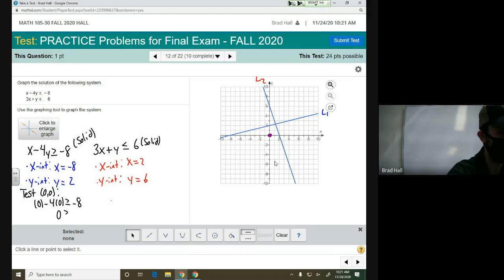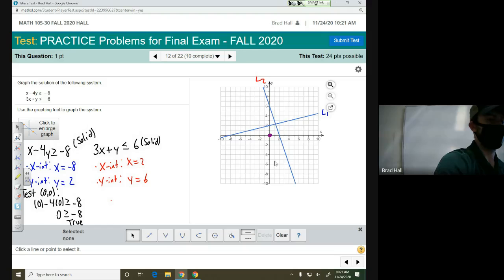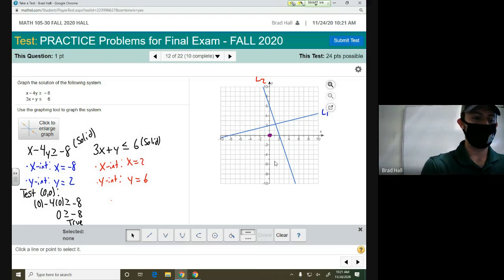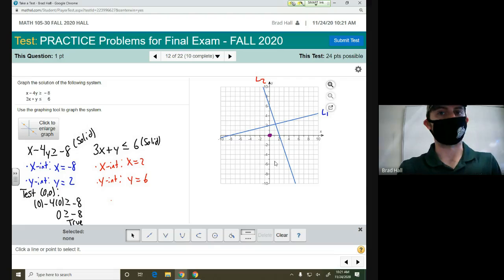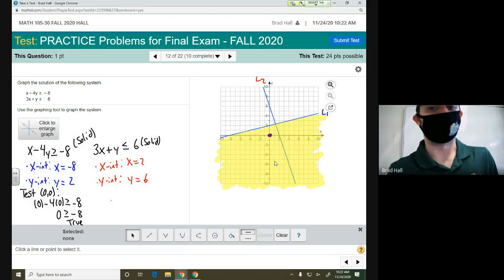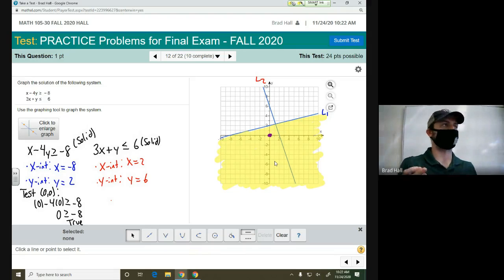And so ultimately that 0 is greater than or equal to -8, which is a true statement. So what that tells us, for the blue line, or the first line we drew, we will shade towards the origin. So far, this is the shaded region that we get. Now we're not done, but this is what this tells us so far.